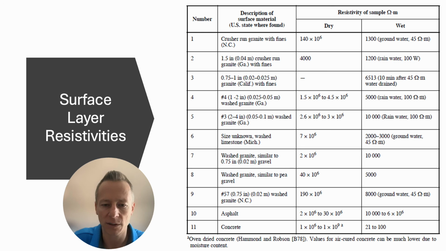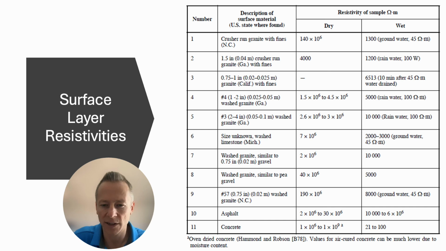And most all substations have a rock layer. So this is just a table out of IEEE Standard 80 showing the dry and wet resistivities, which is basically a volumetric representation of resistance that matters on how big the rock is, but you can convert it directly into resistance.